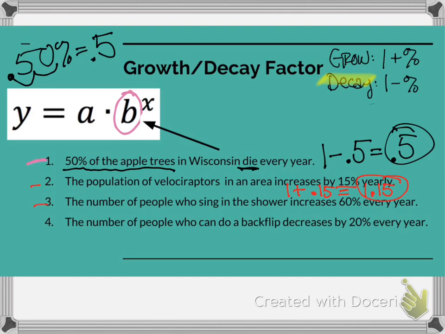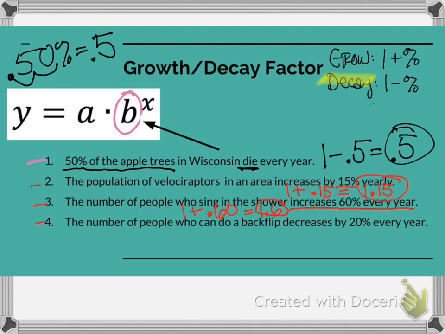For number 3, the number of people who sing in the shower increases by 60% every year. So I'm going to take 1 plus 0.60, which equals 1.6. That will be my b value.